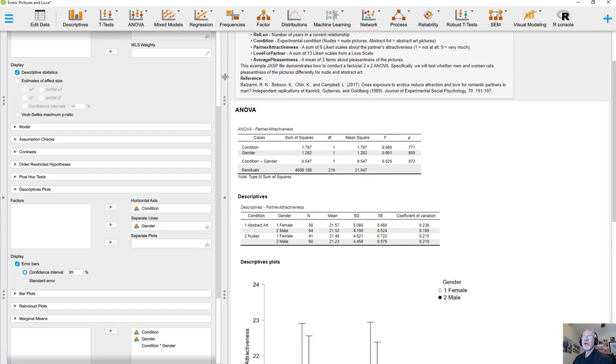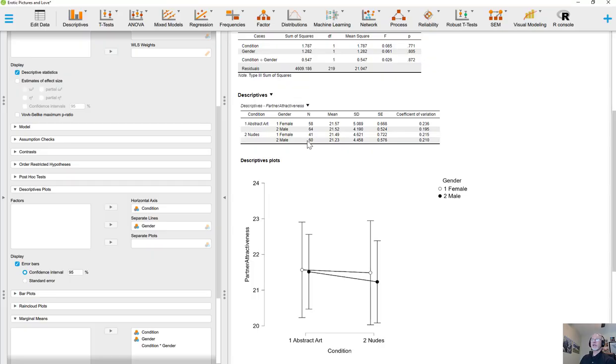So the researcher, Bazarini, I don't know how to pronounce that, in 2017 did not replicate the effects. Is that because of some difference in the experimental procedure? Is it due to changes from the 1970s to 2017?